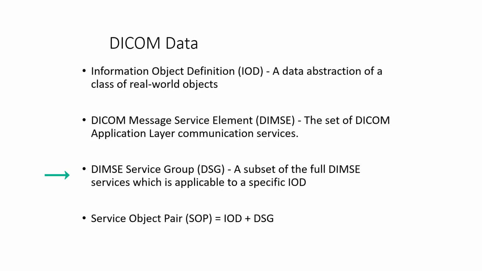Next, we have the DIMSE Service Group, or DSG. It is a subset of the full DIMSE services, which is applicable to a specific IOD, or the information object definition. So what we're looking at is the service object pair, SOP, is equal to the IOD, which is like a CT scan, plus the DSG, or DIMSE Service Group.